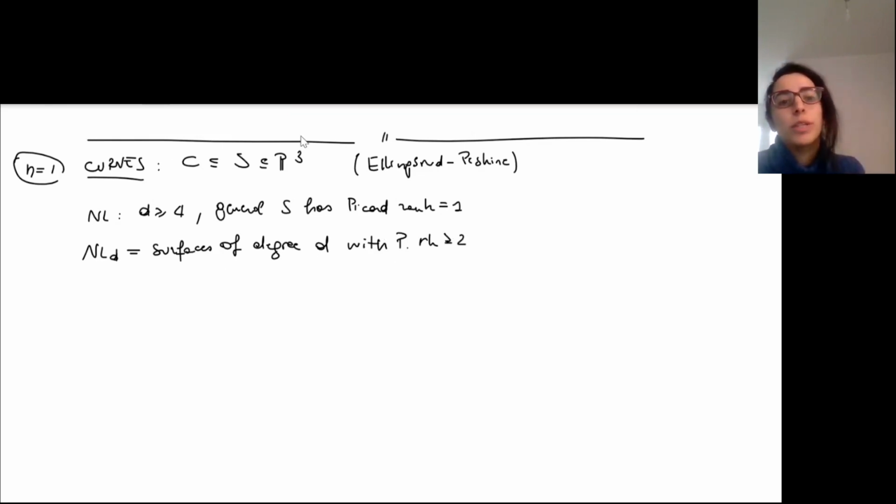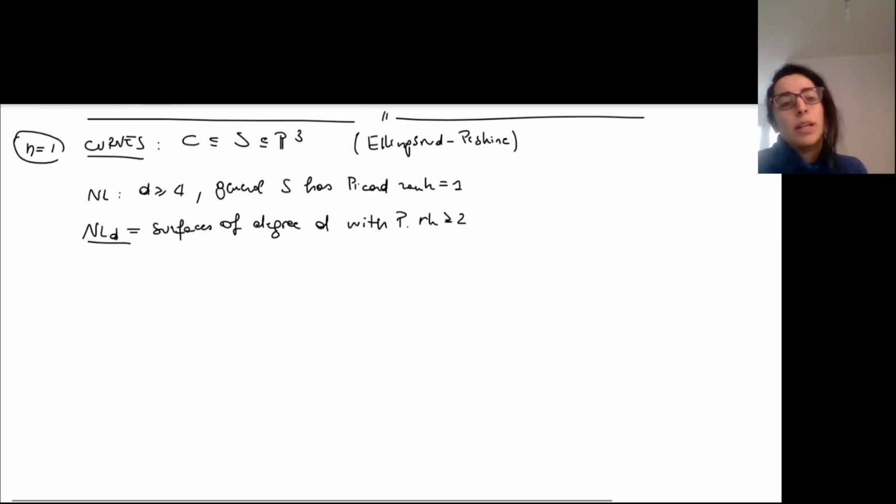And the surfaces we are interested in are exactly surfaces in the Noether-Lefschetz locus, because if we consider our general surface, all the classes of the curves are complete intersection multiples of the hyperplane class. So we have no more geometry to study.